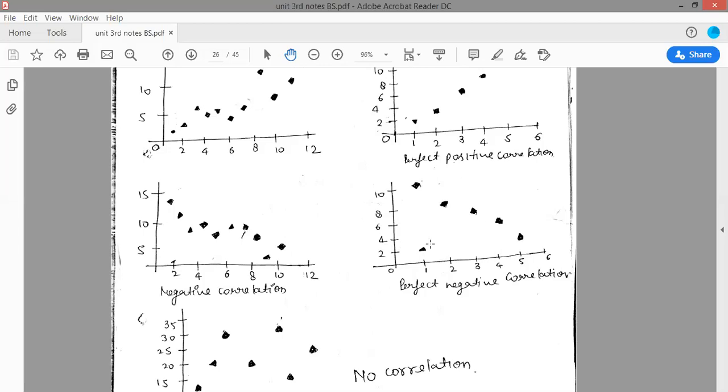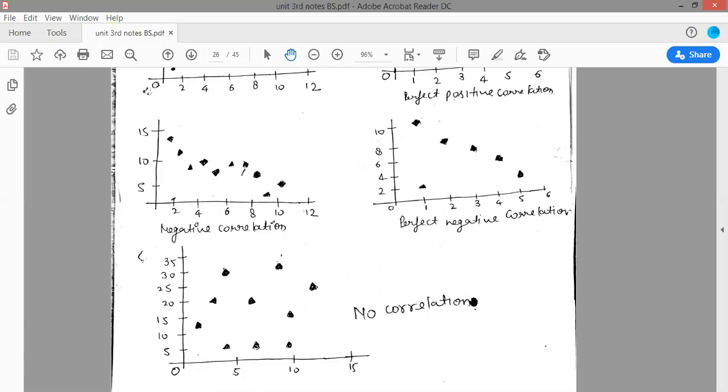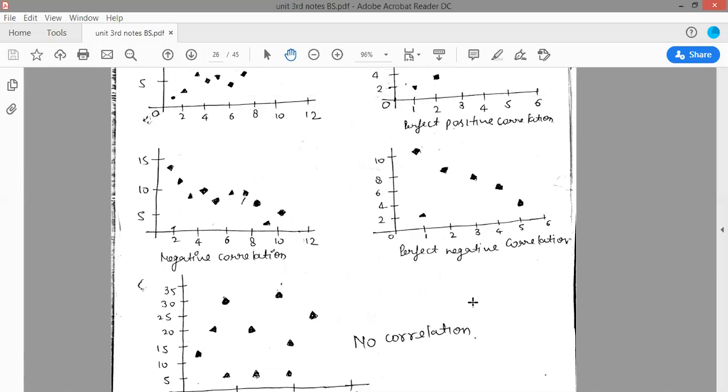But there is a straight line here, just this one. This straight line is covering all the points here, so that means this is a perfect negative correlation, same as a perfect positive correlation. In the same way, we can say this is a perfect negative correlation.